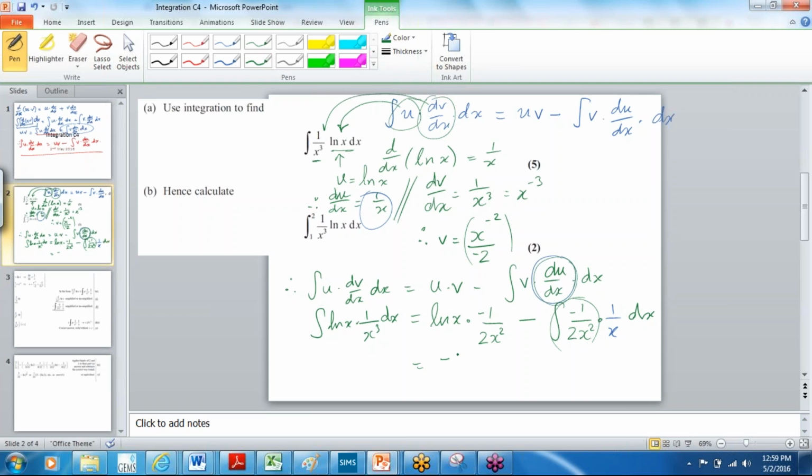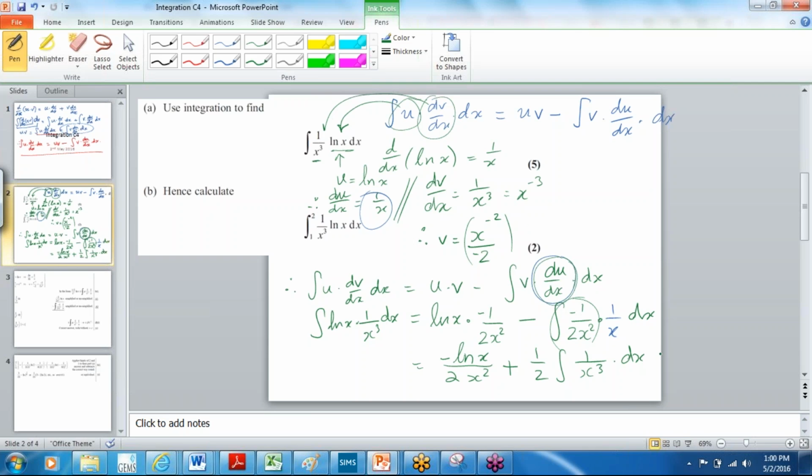This is negative natural log of x over 2x squared, minus, bringing the negative half out to be positive a half, the integral of 1 over x cubed, and now we have to integrate that, so that's x to the negative 3.